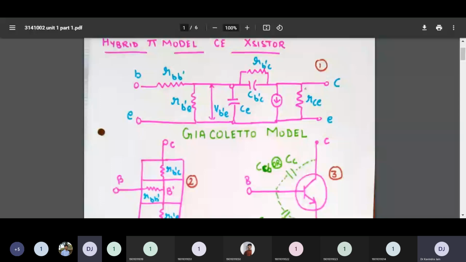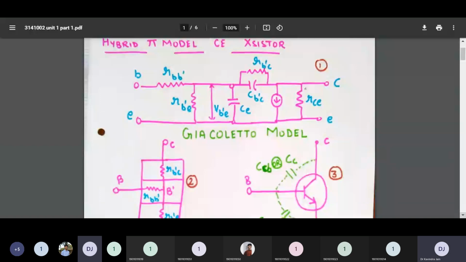In the hybrid pi model, we have created an internal node, as you can see in figure number 2, that is known as B dash, which is physically not accessible. It is only a virtual component, created due to the early effect, that is the base width modulation.